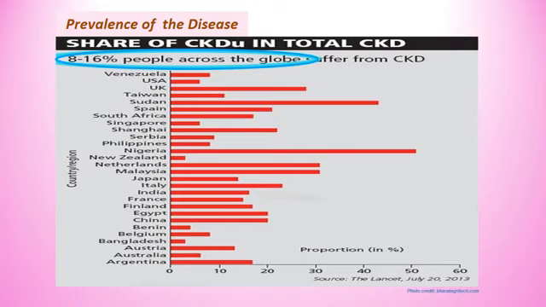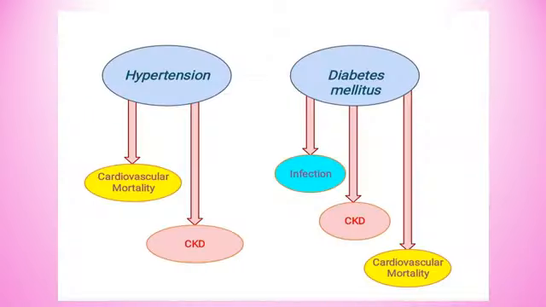From this slide we see that the largest bird is over Nigeria and the smallest, I think, is New Zealand. And coming to India, it is around 17%. 17% of the Indian population on average are suffering from chronic kidney disease.